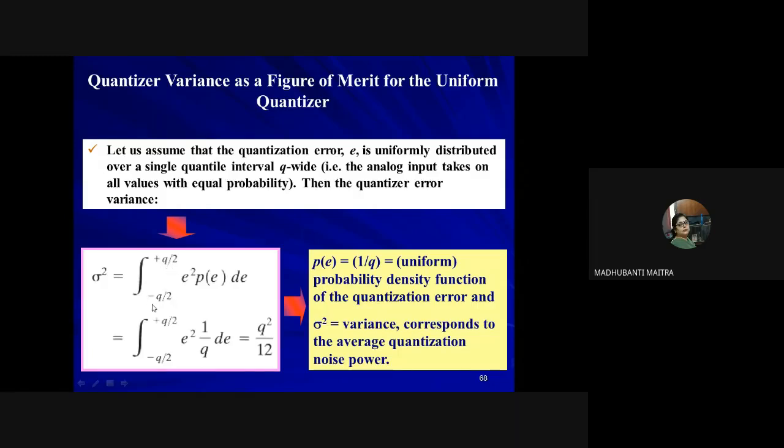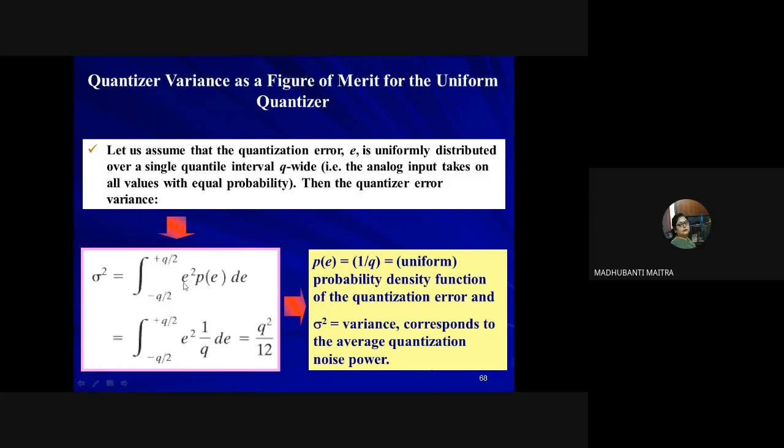So here minus q by 2 is equal to the value a, and plus q by 2 is equal to the value b, right? So we are trying to estimate the error within this range.